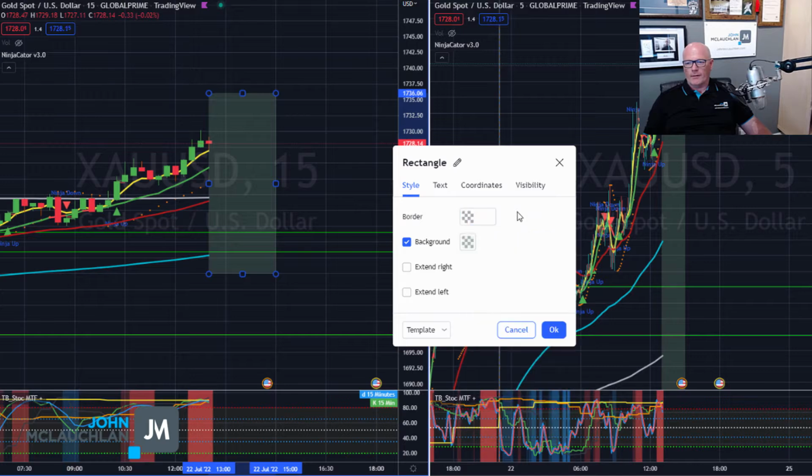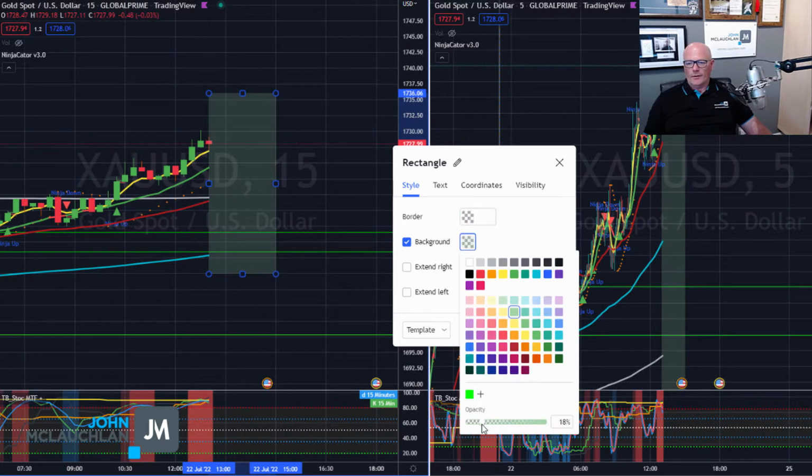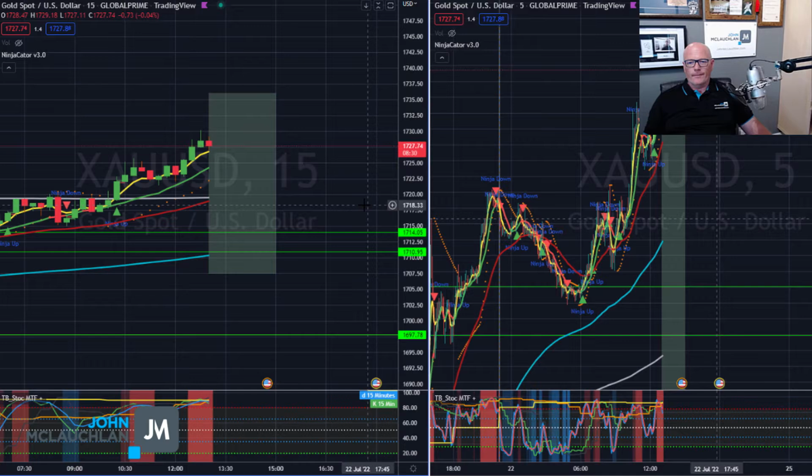All right, so you don't have that, and make this shade, the background, just enough so you can see it, but not too much so it doesn't blank out that area. Okay, so just somewhere around there is fine. That's 23% on mine. I've got the green. That'll do me. All right, so next thing we want to put the trend lines on.